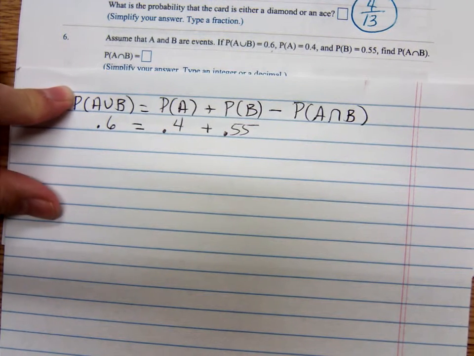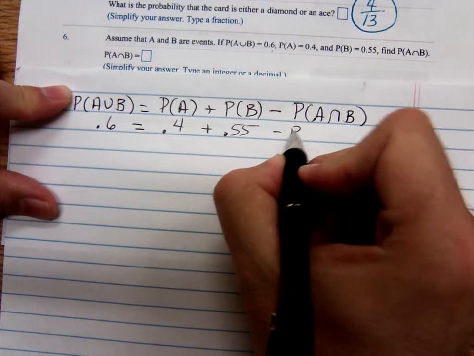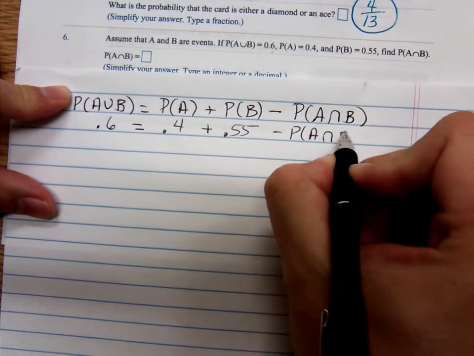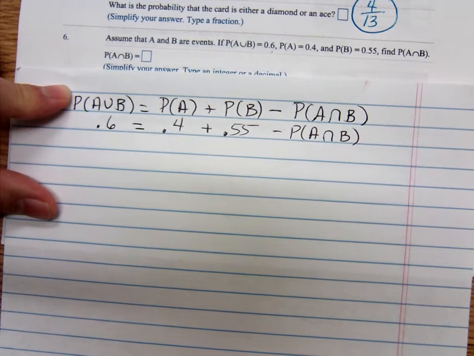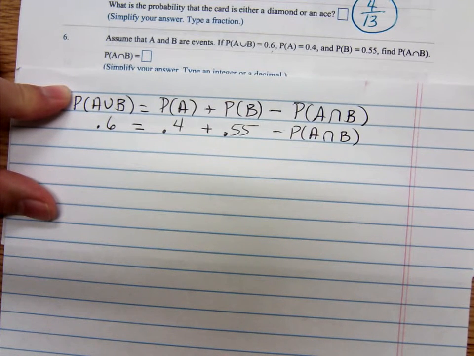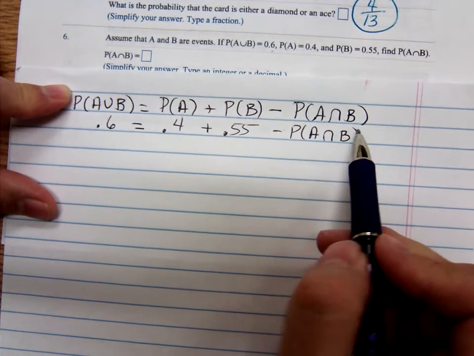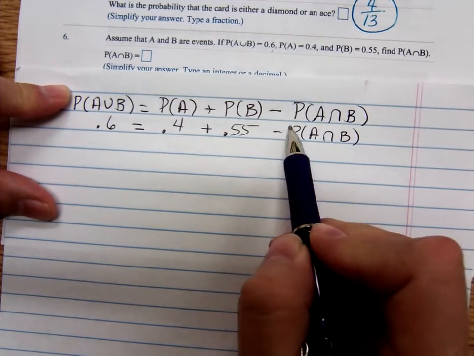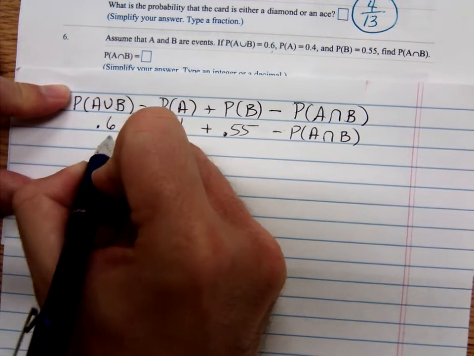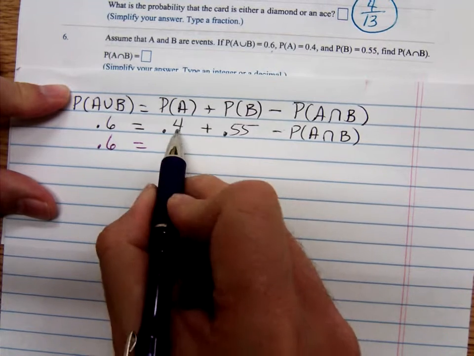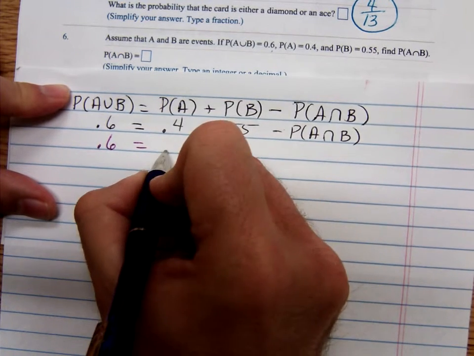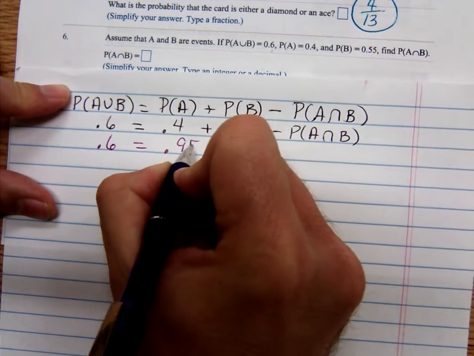Okay? So, this is going to be a little elementary algebra that pops up every now and then. I'm going to solve this as if it were a variable, but let me go ahead and add 0.4 plus 0.55, that's a 0.95.